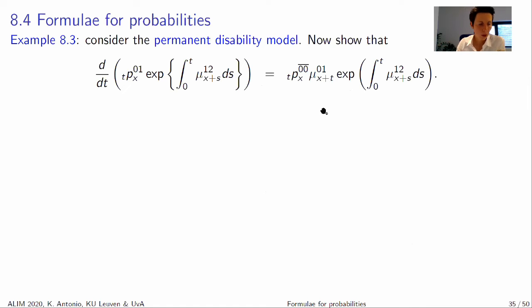Now we're going to go a bit further in this derivation, and what we're going to do is manipulate the expression so that we can end up with the expression that is shown over here. And again, eventually this will lead us to a more intuitive expression of what this transition probability, the tpx01, will be like.